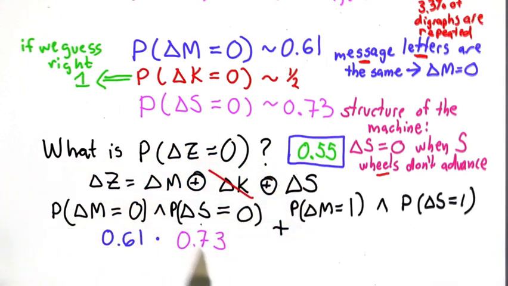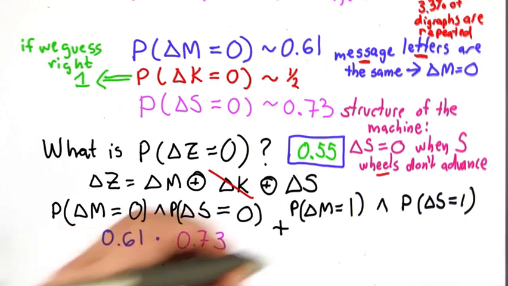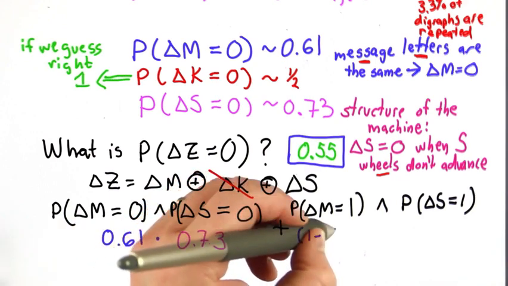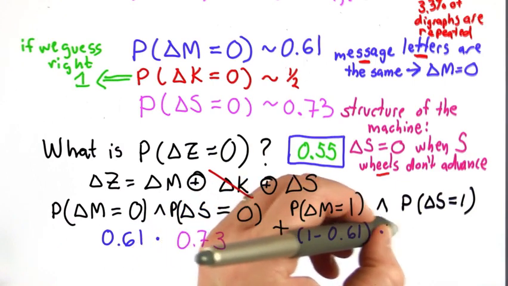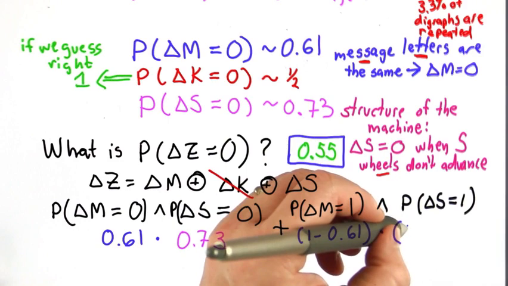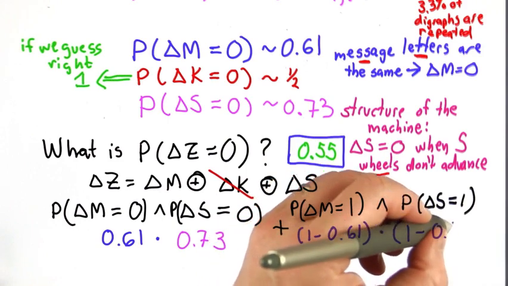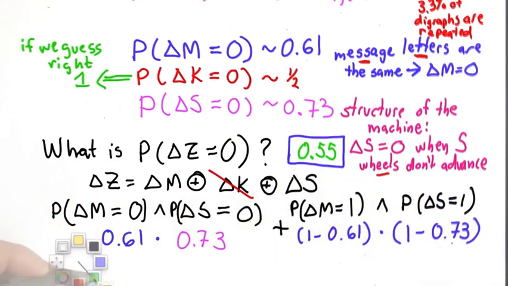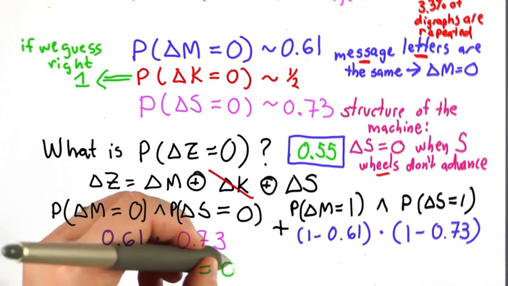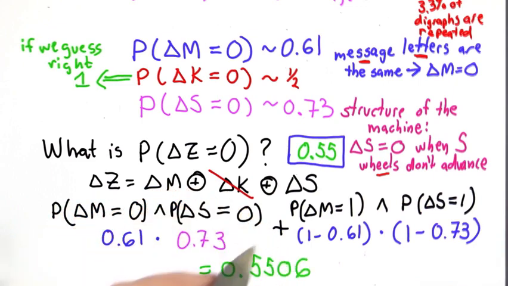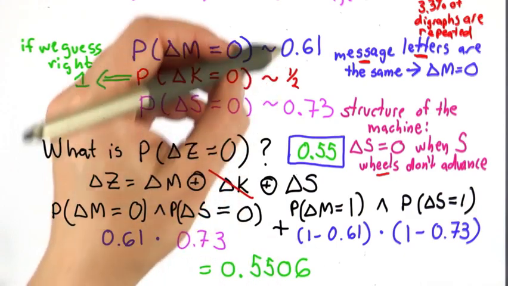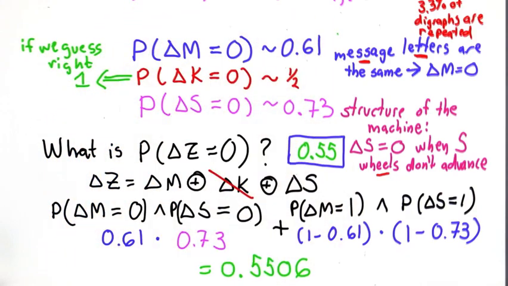So it's the probability they're both 0 plus the probability they're both 1. And these probabilities are 1 minus the probabilities that we have before. So it's 1 minus 0.61 times 1 minus 0.73. And if you calculate all that, you get 0.5506.